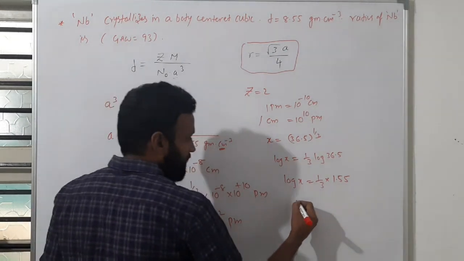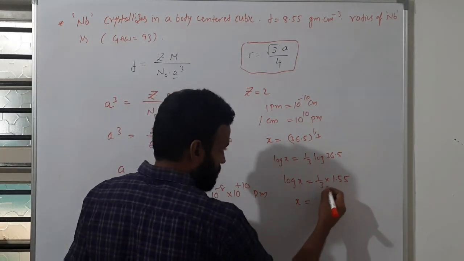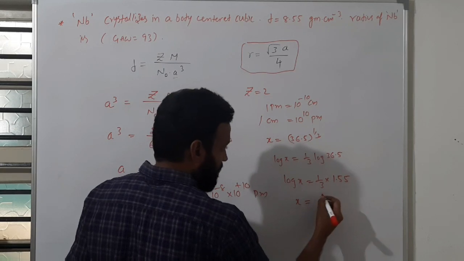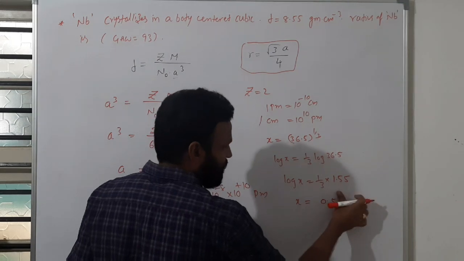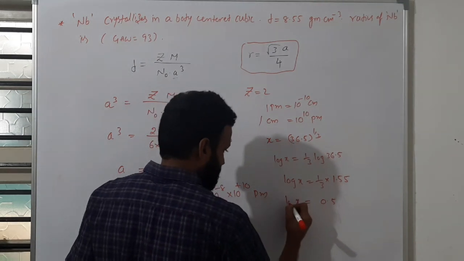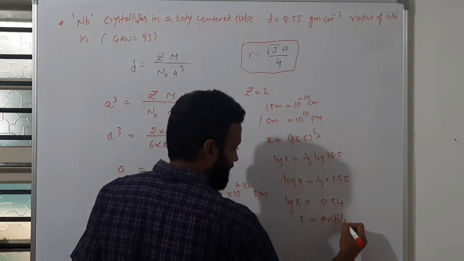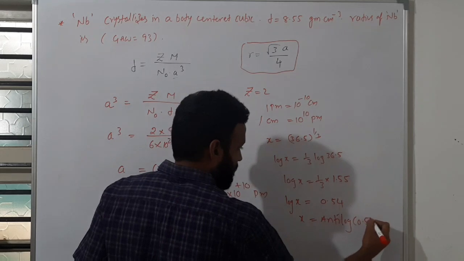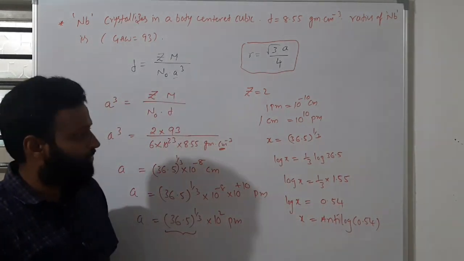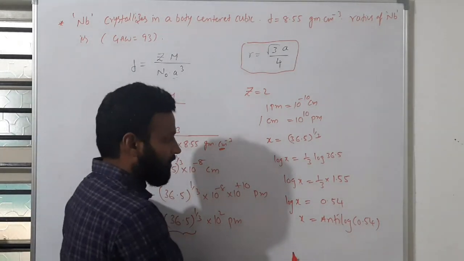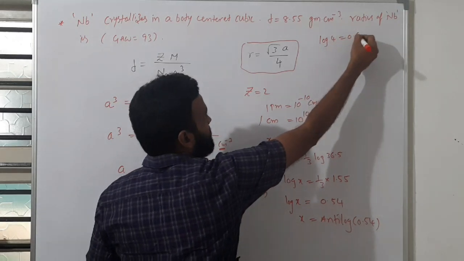If I do like this and simplify, it is 0.54 something that will come. So log x is 0.54, then x is equal to anti-log of 0.54. X is how much? I know the log 4 value is 0.6 something.